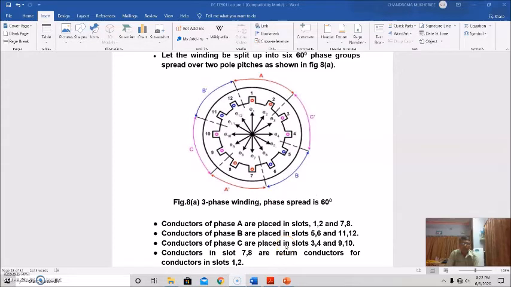Conductors of phase C are placed in 3, 4 and 9, 10.